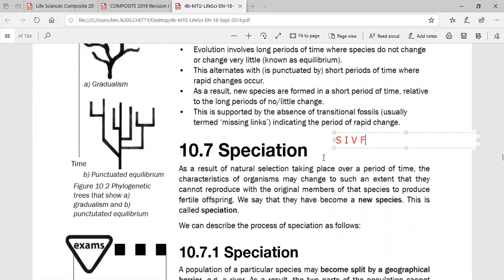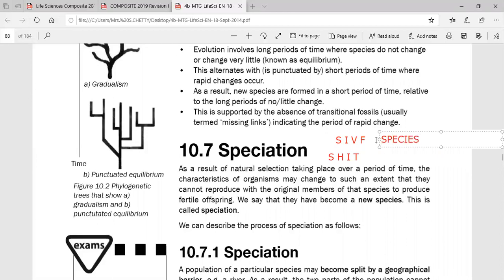And if you're looking at the definition of population, this is not a very subtle mnemonic. That's the definition of a species.